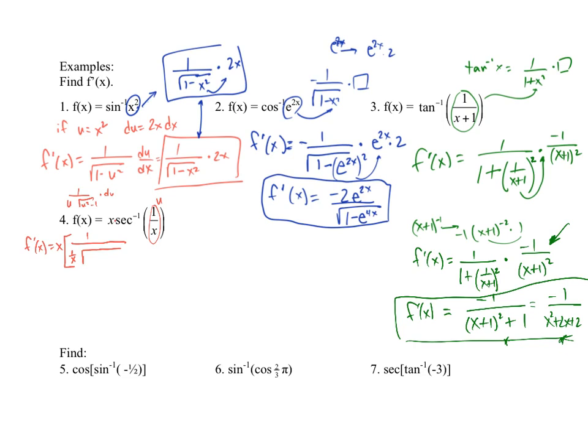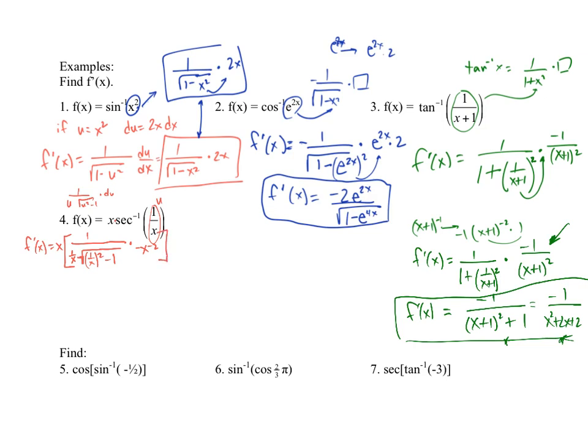Okay? So, we end up continuing on, so we have the 1 over x, now we have root 1 over x, this thing squared, minus the 1, times, I have to take the derivative of this 1 over x, and that's going to be negative x to the negative 2.